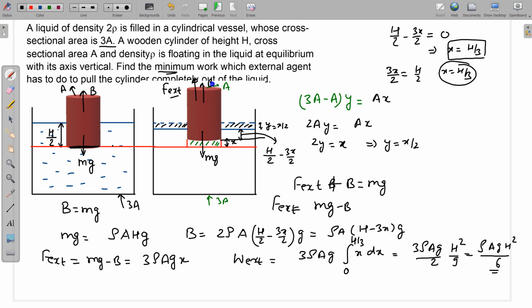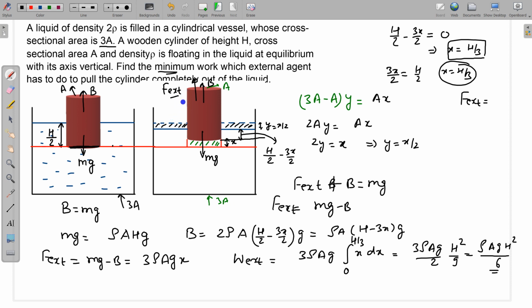Whatever the change in buoyancy force, due to this change the net force of mg and b is coming in the downward direction. So we can directly say the f external must be equal to the change in the buoyancy force. At any particular instant, this f external is applied because of the change in the buoyancy force.